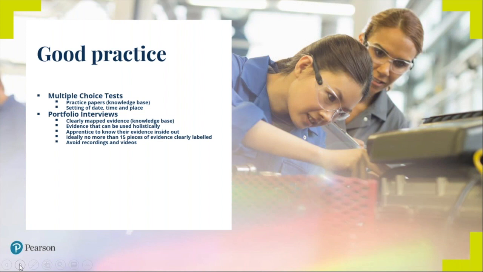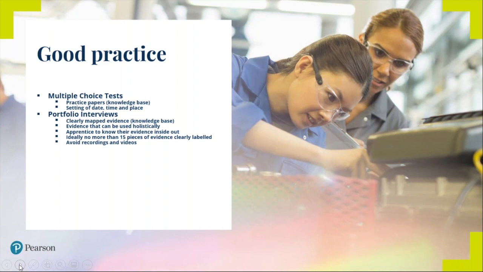If you click on that magnifying glass and select the Business Administrator Endpoint Assessment, you'll be able to find all the information you require. This includes a specification, the additional resources, as well as tools that you can use with the apprentice, including practice papers for the multiple choice test, so they can get an idea of how it might be worded and the sort of questions that they may be asked in preparation for their multiple choice test.